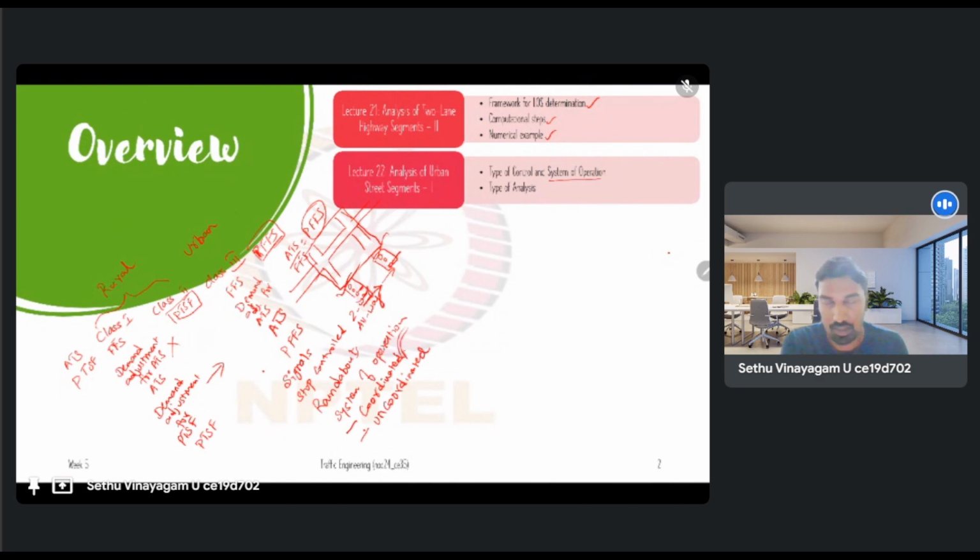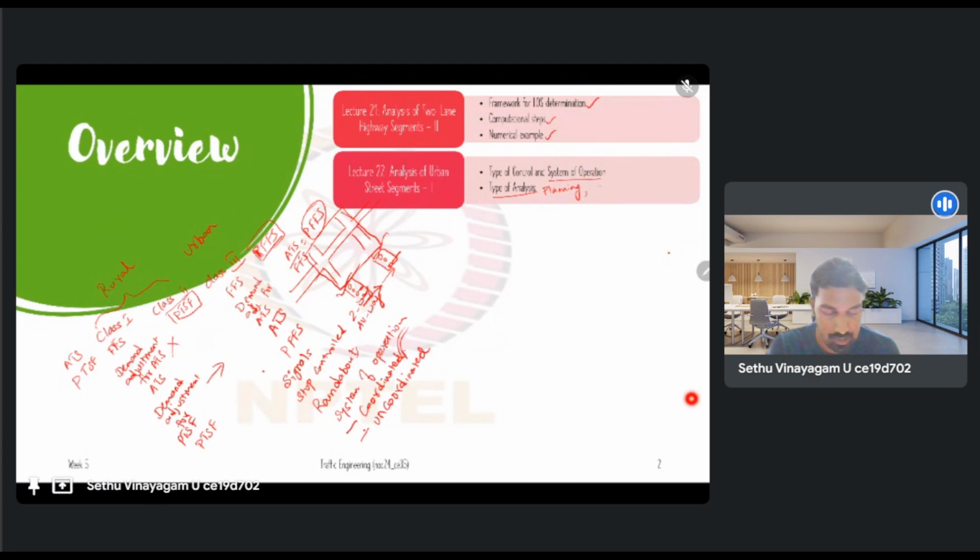Uncoordinated means there is no coordination, which means these signals are set independently of each other, right? So it may happen that you have to wait at each signal, right? So depending on this, the type of analysis will differ. And for analysis, we have three different types of analysis that we looked at. It depends on the purpose for which we are doing the analysis, right?